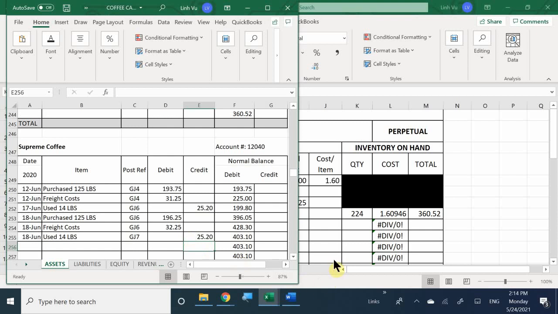No, it's over. Let's see. 225, 199.80. That's showing 329.05. Where? Let me drag this formula back down.